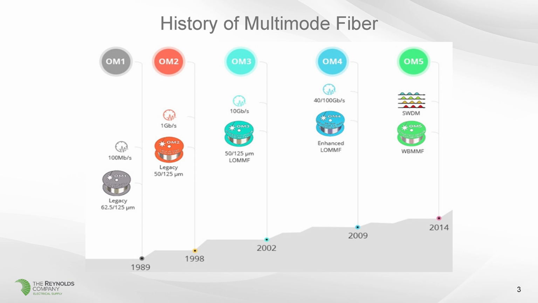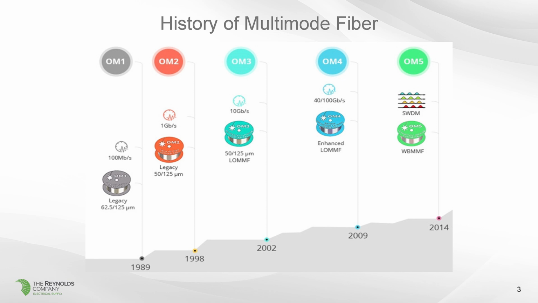OM3 level, that is for 10 gig Ethernet. So that is a fairly new standard. And for our industrial purposes, OM1, OM2 and OM3 are generally the only things we should be concerned about. The OM4, which is 40 gig Ethernet, and the OM5, which is considerably faster than even that, typically we're not going to see in our industry.